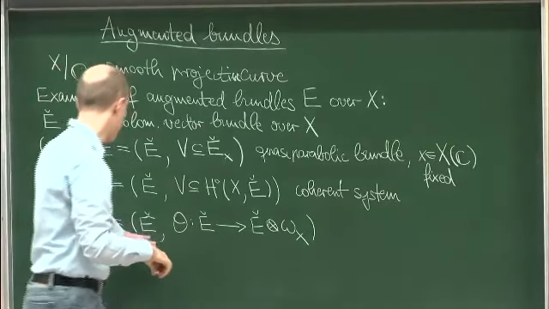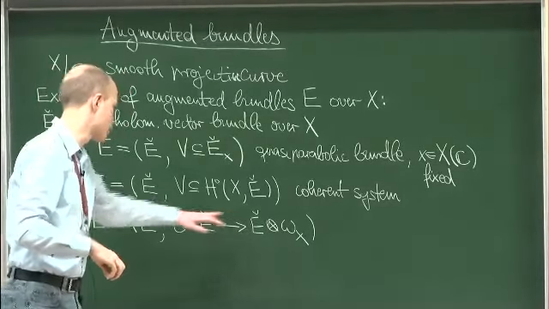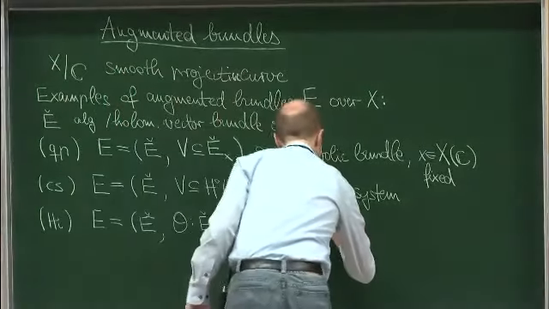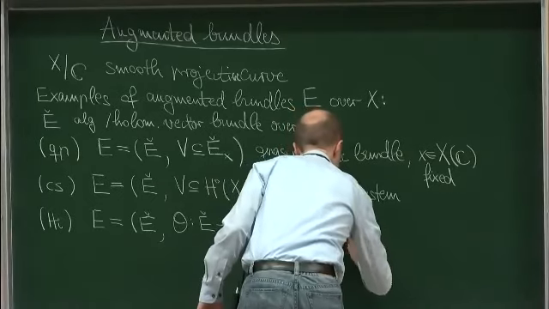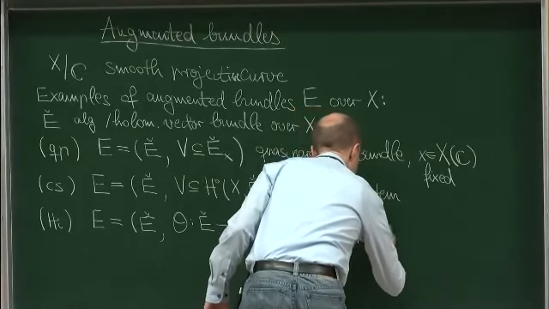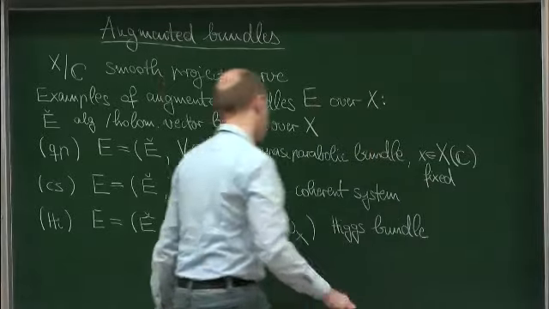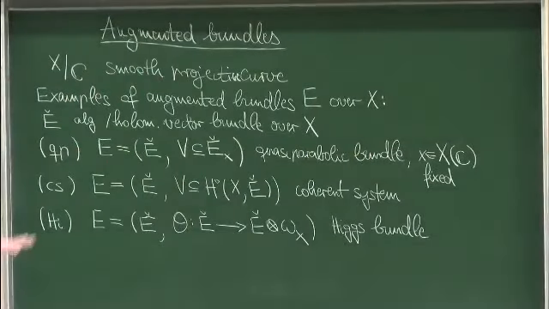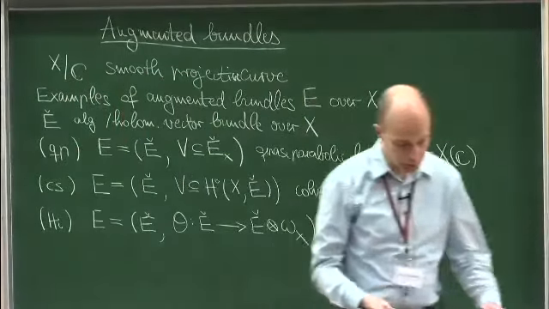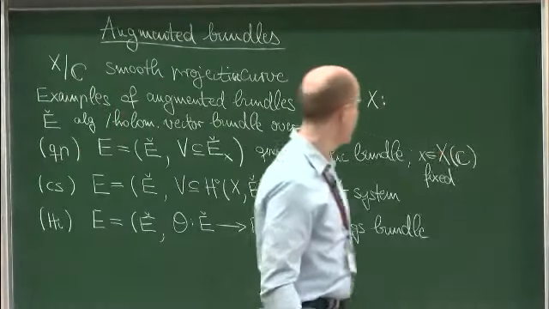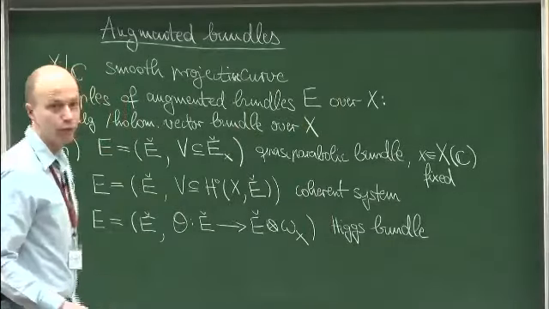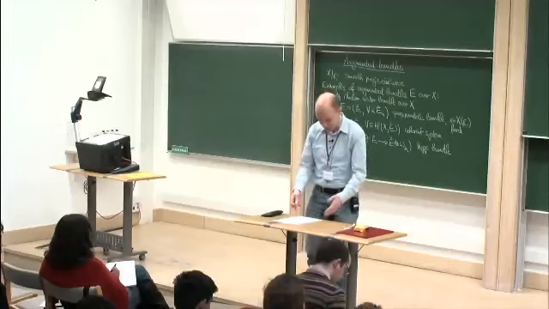So such a pair consisting of a vector bundle and such a morphism is called a Higgs bundle. That's also an example of what people call an augmented bundle. So these are the three main examples that I will follow throughout the lectures.